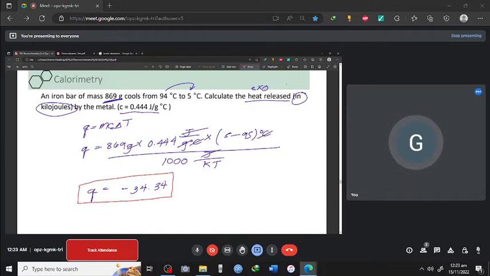So, again, pag tumaas yung temperature natin, endothermic yung process, positive yung heat. While pag sinabi yung process natin is heat release or an exothermic process kung saan bumaba yung temperature natin from initial to final temperature, katulad ng example natin dito, expect natin yung sagot natin ay negative. Kung hindi tumutugma yung sign natin based dun sa question, then maybe we've done something wrong.